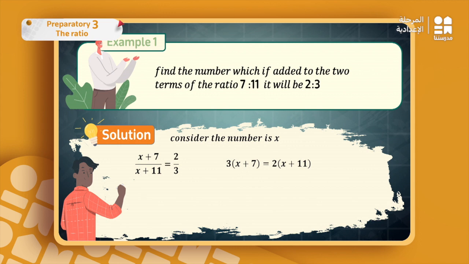Let's distribute. فاكرين distributive property؟ يلا 3 by x is 3x. 3 by 7 is 21. يبقى left side هيبقى 3x plus 21. طب والرايت سايد 2 by x 2x and 2 by 11 is 22. يبقى لو عملنا distributive property هيبقى معانا 3x plus 21 is equal to 2x plus 22.